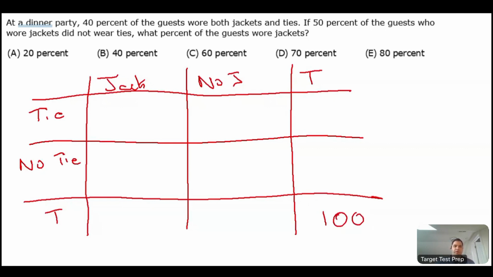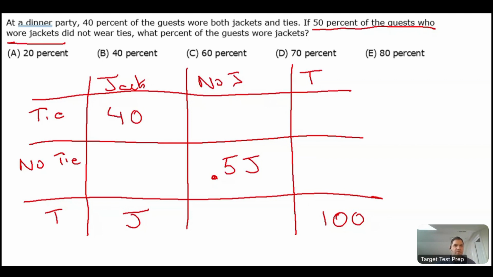40% are doing both, so we can say 40, because 0.4 of 100 is 40. Now, here's the tougher part. 50% of the guests who wore jackets. We don't know the number of jacket wearers, so we're going to call that J. But we know 50% of them also did not wear ties, so that's going to be 0.5J.